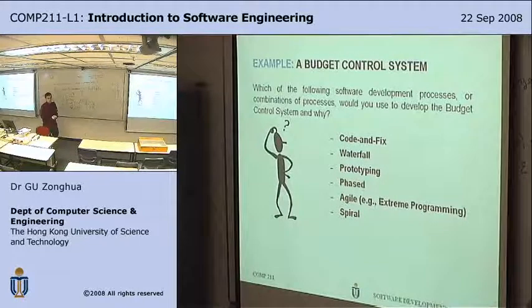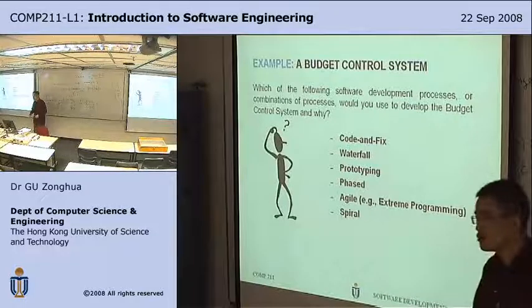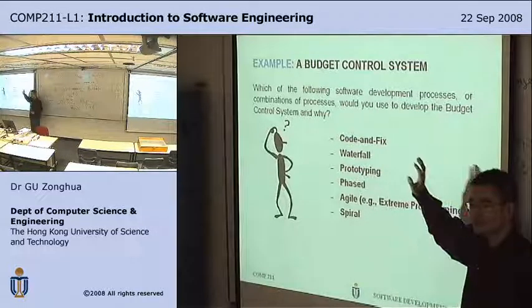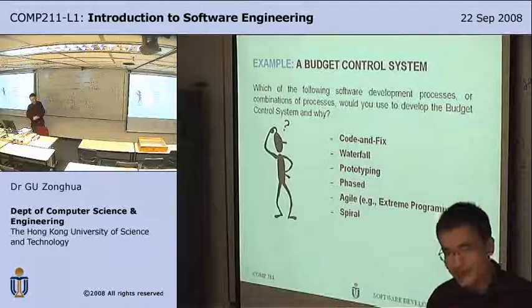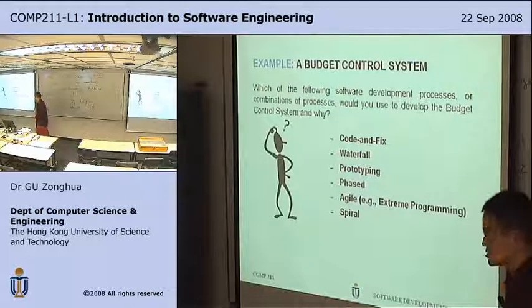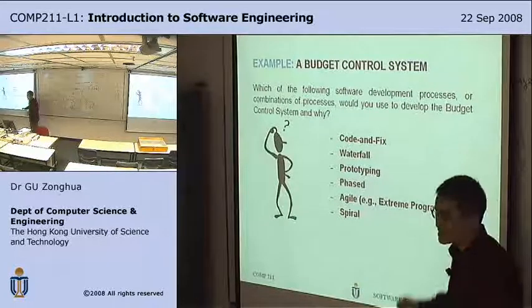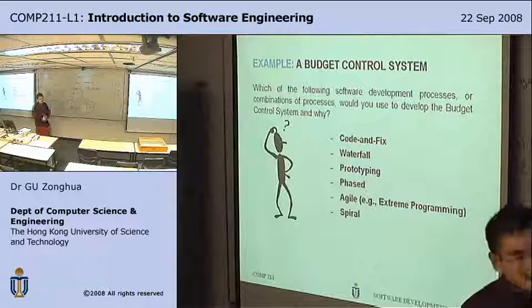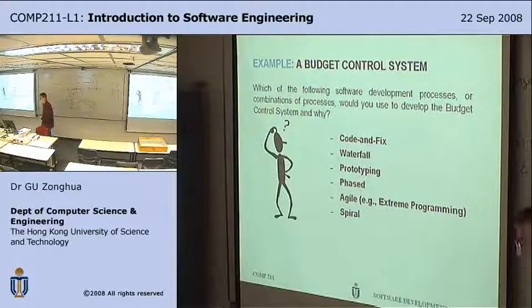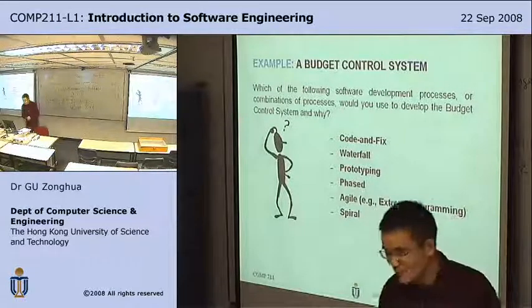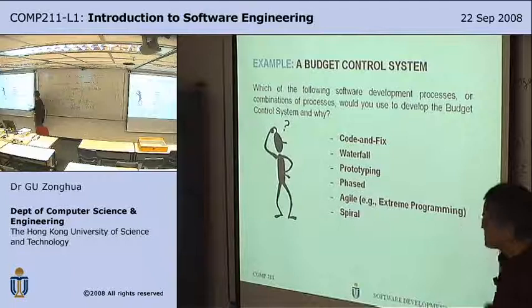So, any volunteers? How about code and fix? First, we delete that because it's really a counterexample. It's a bad approach. Waterfall, as I said, is not suitable because you don't have precise requirements. Prototyping sounds reasonable, right?